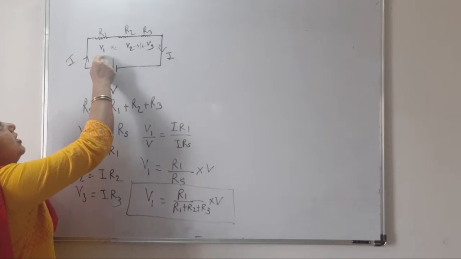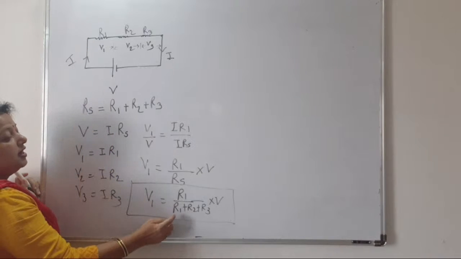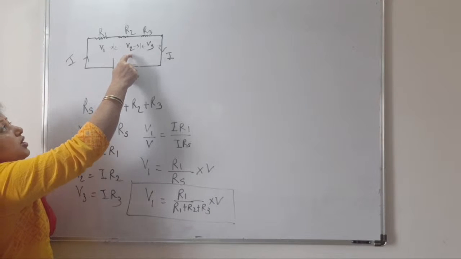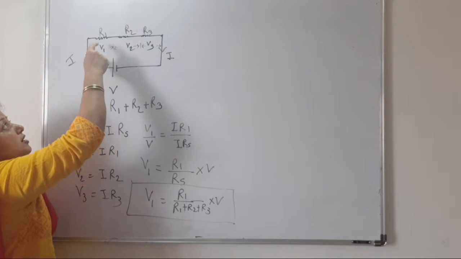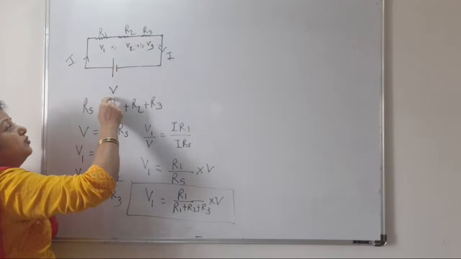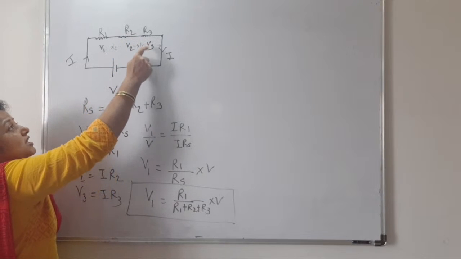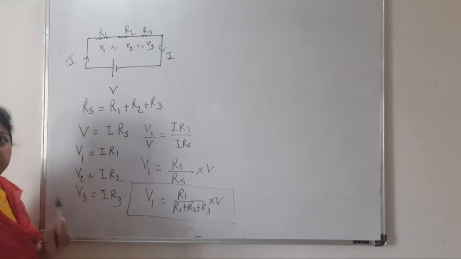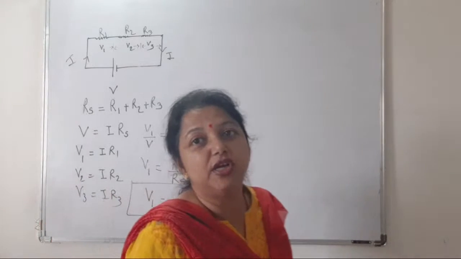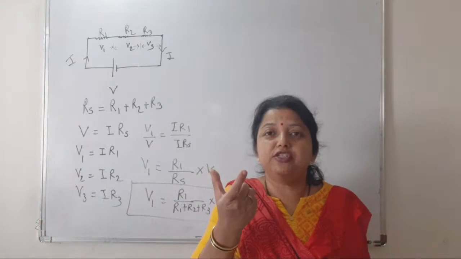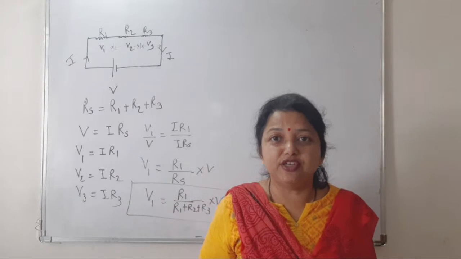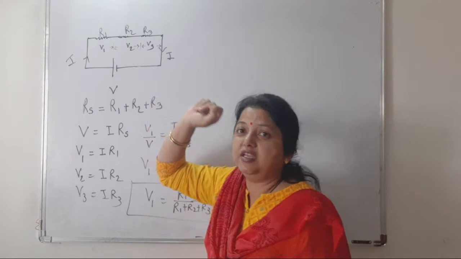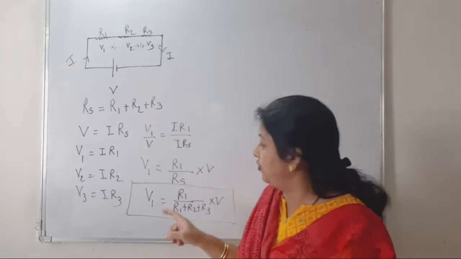So, V1 is equal to R1 upon R1 plus R2 plus R3 into V. V2 is equal to R2 upon R1 plus R2 plus R3 into V. V3 is equal to R3 upon R1 plus R2 plus R3 into V. Okay, this is known as potential division. You understand what potential means: V. Division means how it is divided. The overall potential V, how is it divided? V1, V2, V3. And what is the formula for V1, V2, V3?